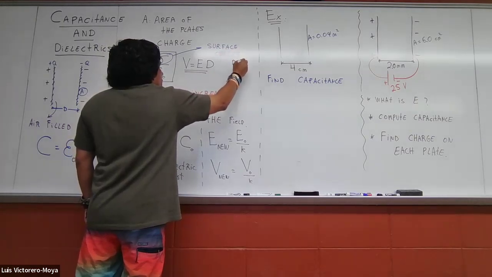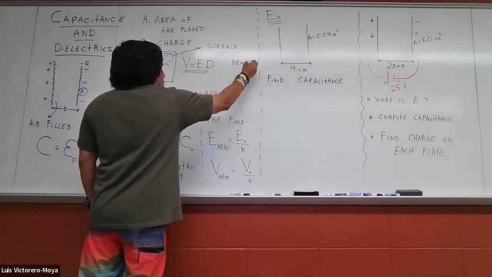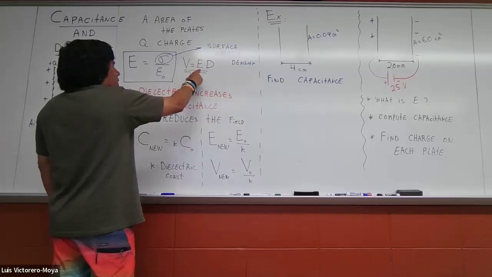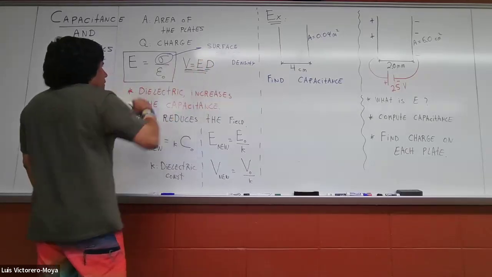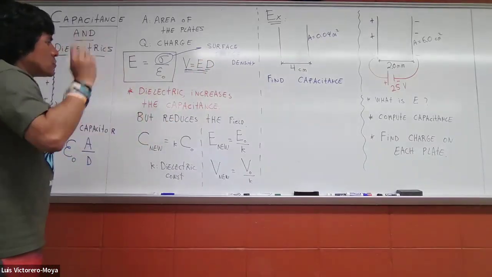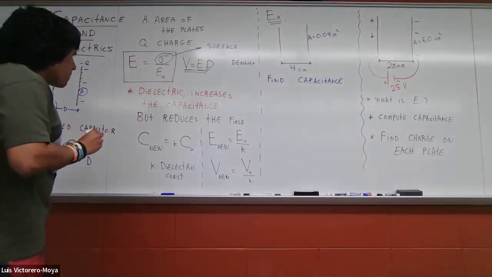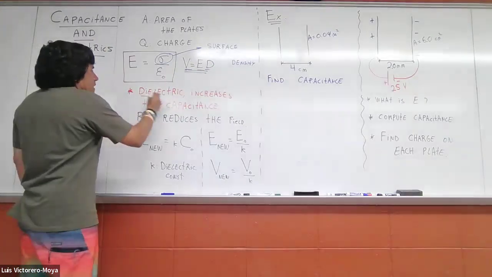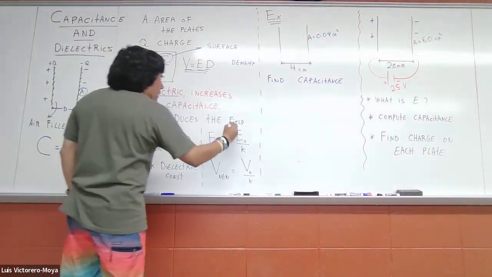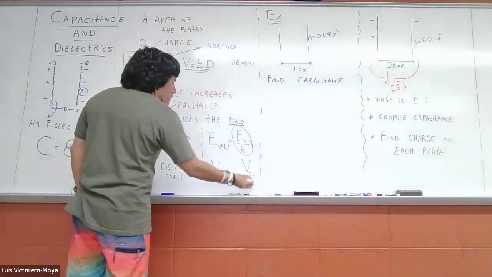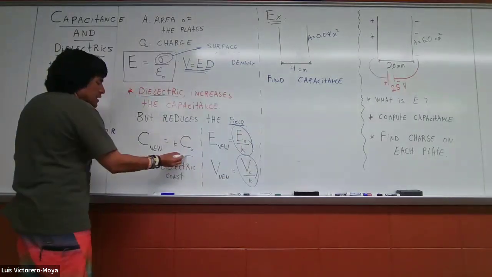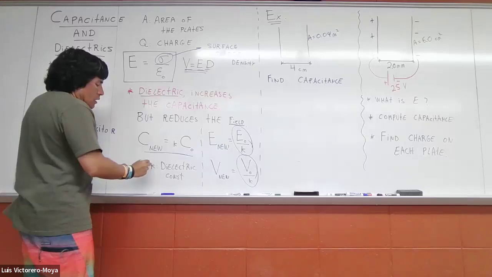And the relationship between voltage, electric field, and the distance between the plates. Very important is what we also used last class, that the dielectric reduces the field and the voltage, but increases the capacitance.